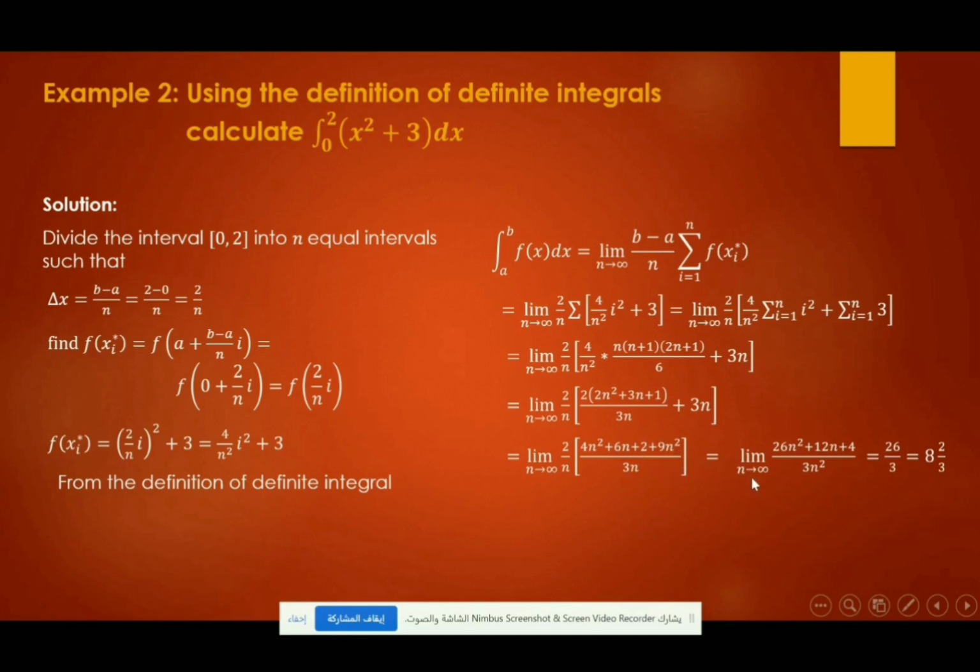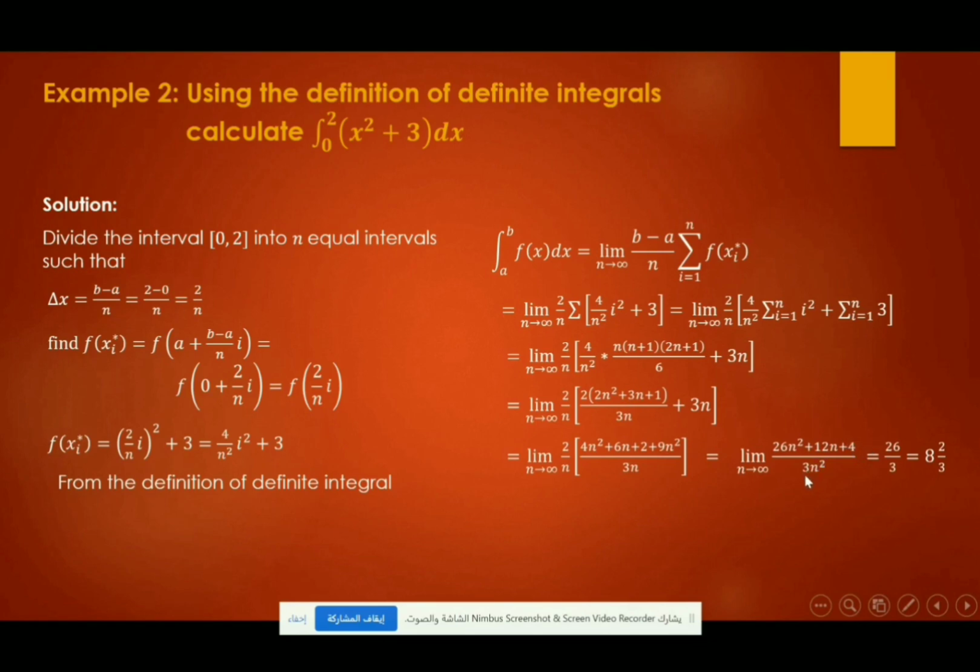Equals the limit when n approaches infinity. If you add 9n squared plus 4n squared, you will get 13n squared. Then multiply it by 2, you will get 26n squared. Then this 6n, if you multiply it by 2, you will get 12n. This 2, if you multiply it by that 2, you will get 4.